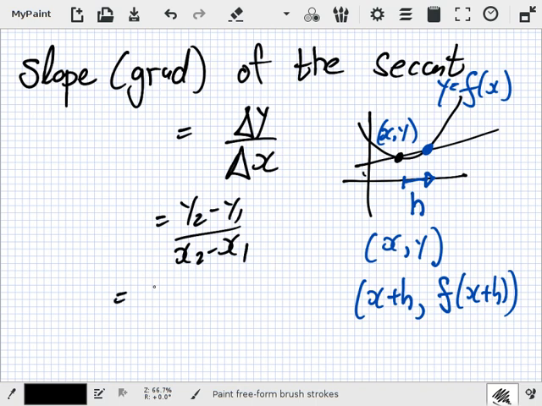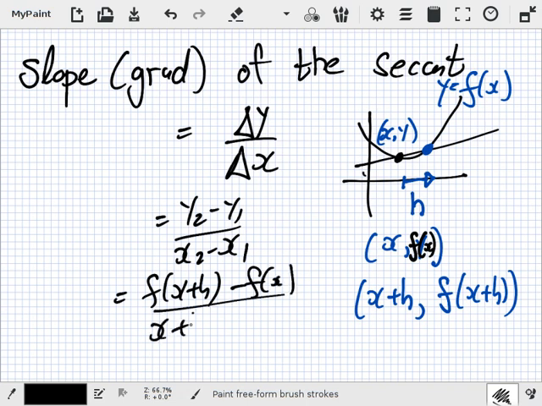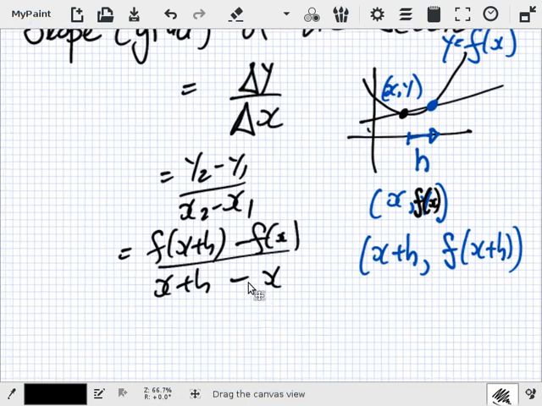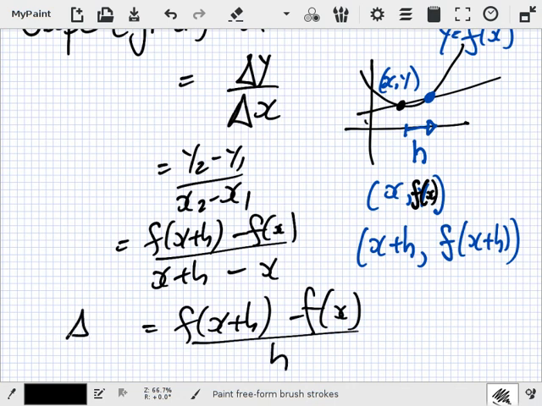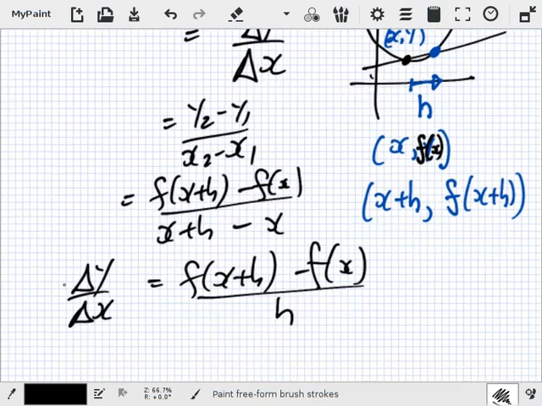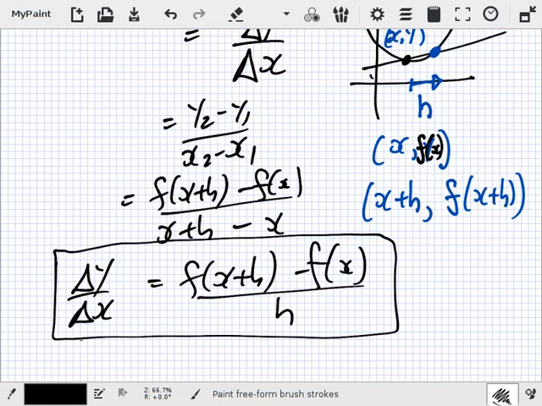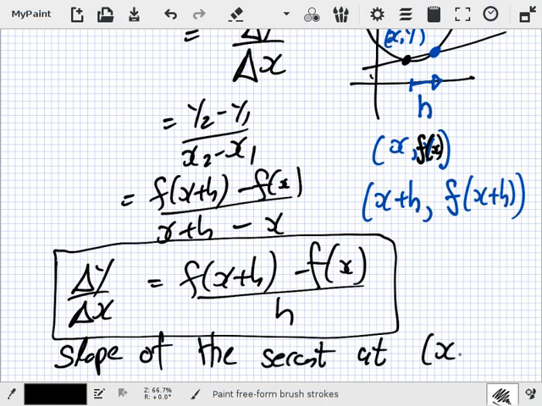For our example, that will be f of x plus h, and let me change y instead into f of x, which is more convenient. So f of x plus h minus f of x over x plus h minus x, which equals f of x plus h minus f of x all over h. In fact, that is the formula to calculate the slope of the secant at the point x.